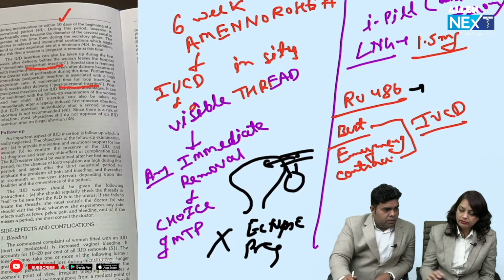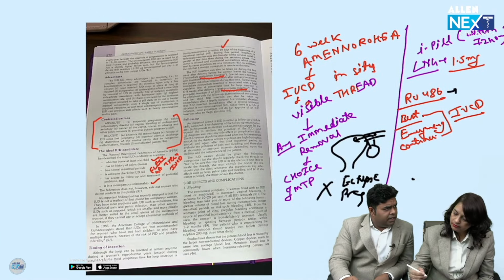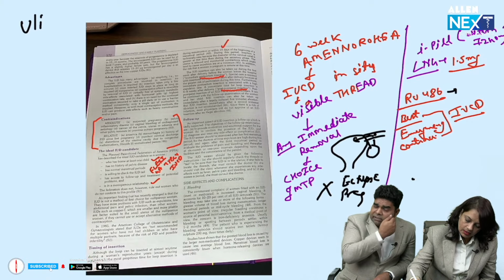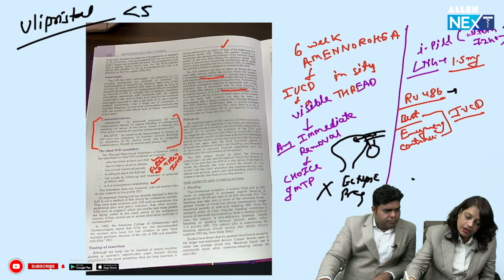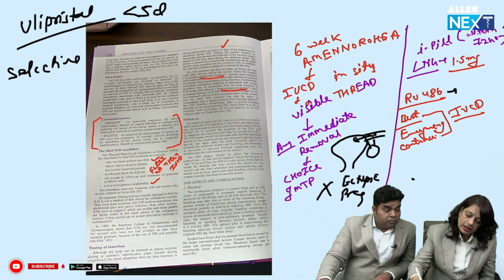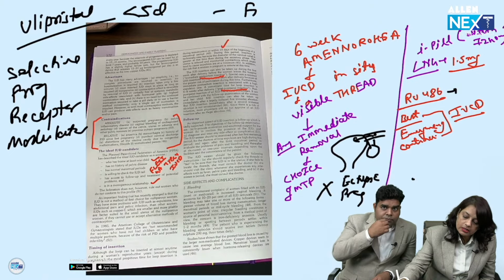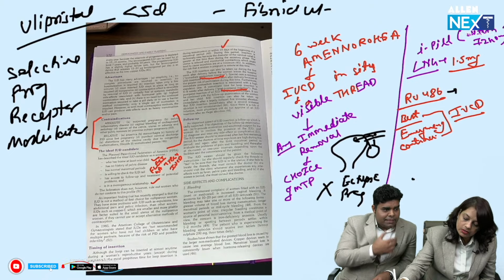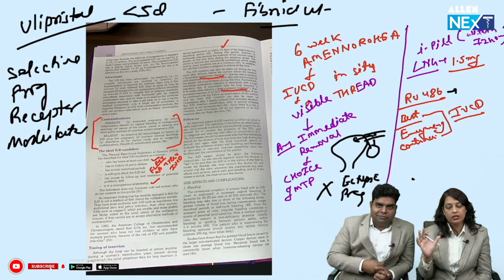And the dose of RU486 is 10 milligram, within 72 hours. Ulipristal is within 5 days of unprotected coitus, and its other use is in fibroid. For 6 months it is given in fibroid, it leads to shrinkage.